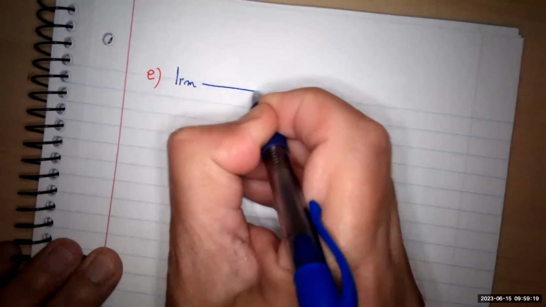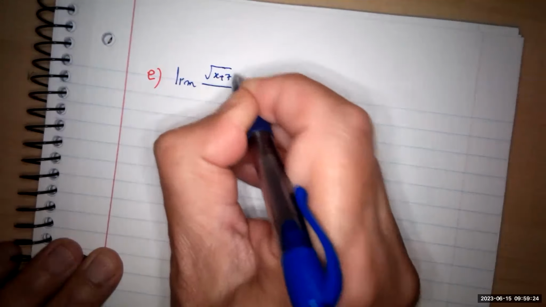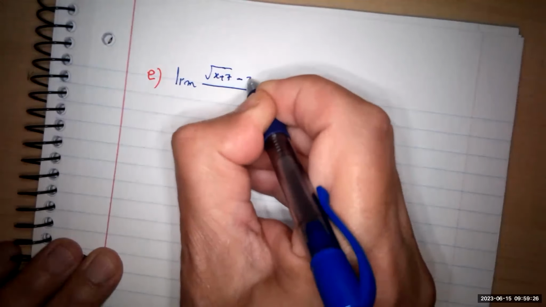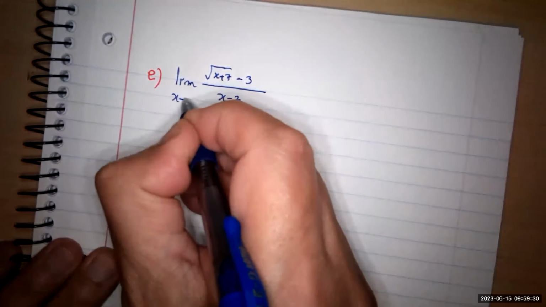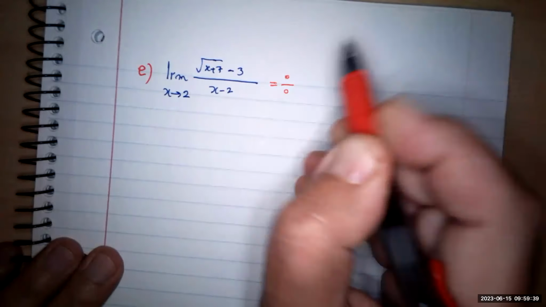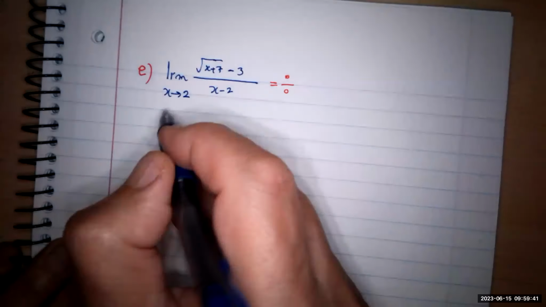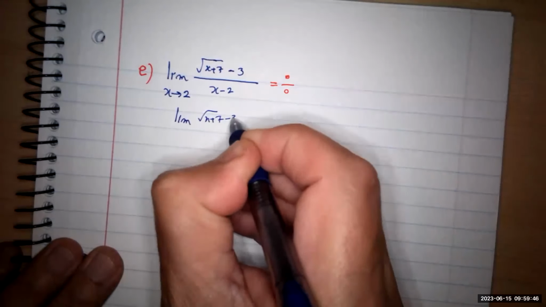Part E, you want to find the limit of x plus 7 minus 3 divided by x minus 2, x equal to 2. You check it. The same thing, it's going to be 0 over 0 again. You find the common factor, you eliminate it, and the final answer is going to be 1/6.